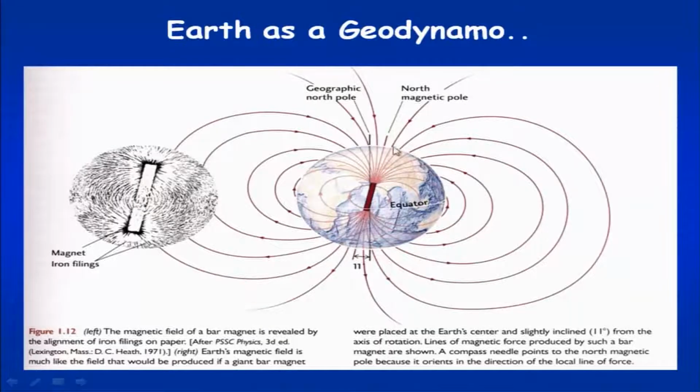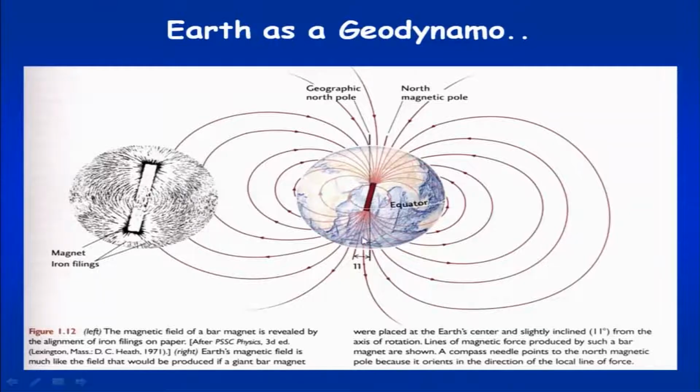So, if you see here, the north magnetic pole and the geographic north pole are about 11 degrees apart, and the north magnetic pole is inclined towards the east with respect to the geographic north. Geographic north is almost what we say north-south, but the north magnetic pole is 11 degrees inclined towards the east.